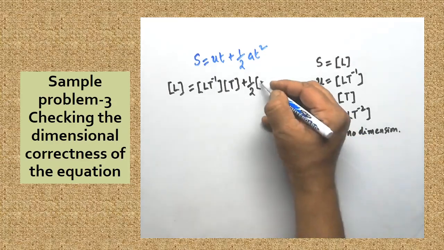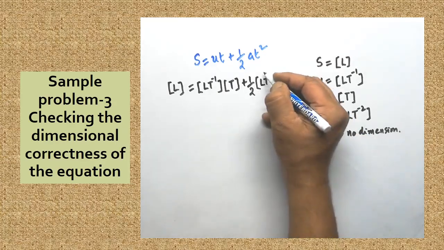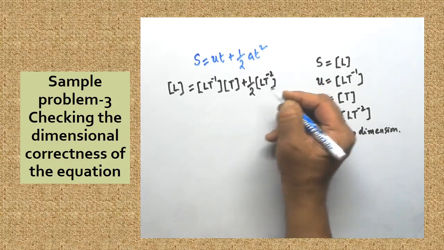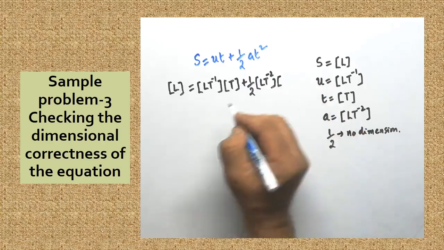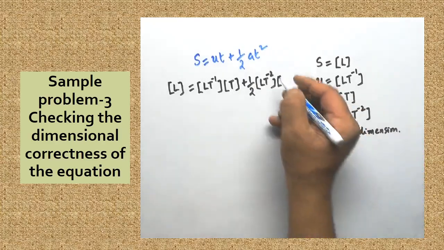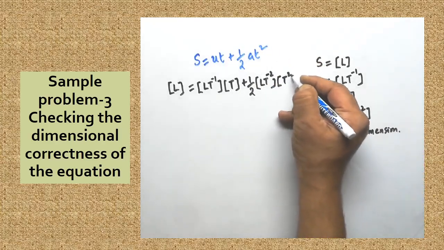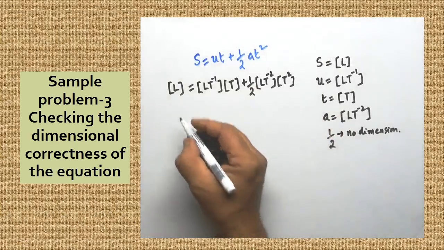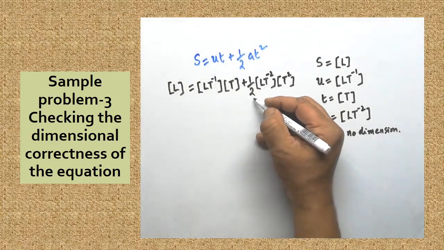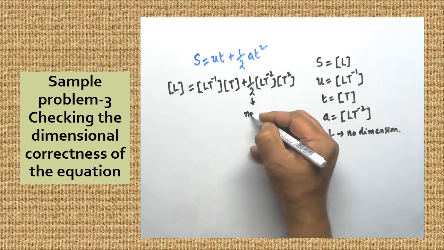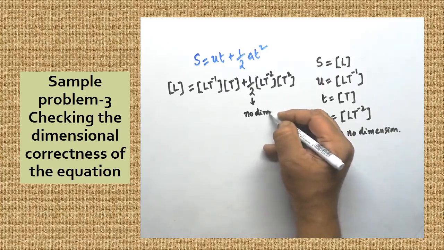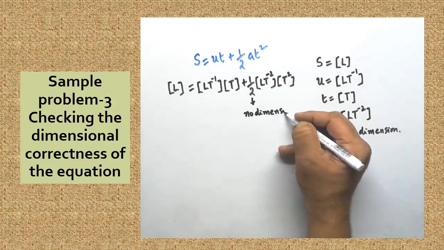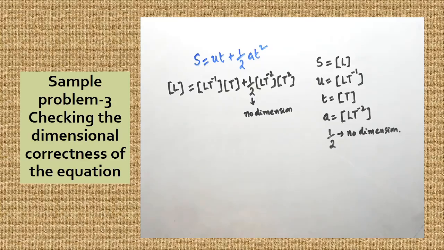The dimension of a is LT^-2. The dimension of t is T, but that must be squared. So write it in proper form. Here you have to write that it has no dimension, since it is a constant.